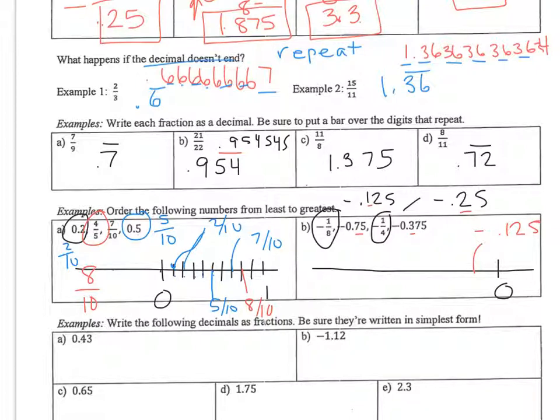The next one has a 2 because it goes 1, 2, so negative 0.25. And this one has a 3, so that goes next, so that's negative 0.375. And then the last one is negative 0.75. That's how you write in order from least to greatest.